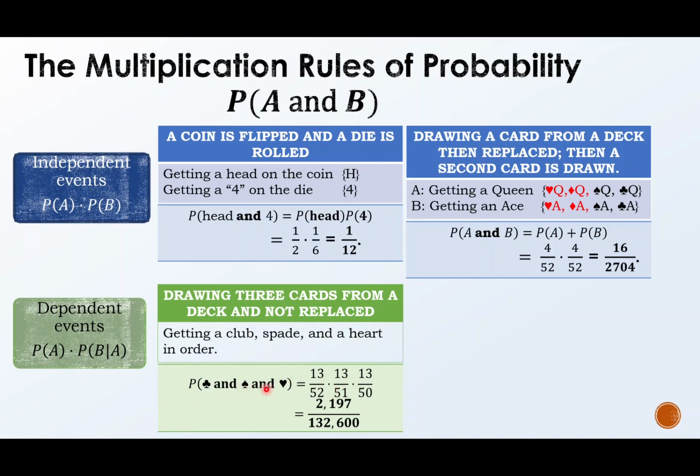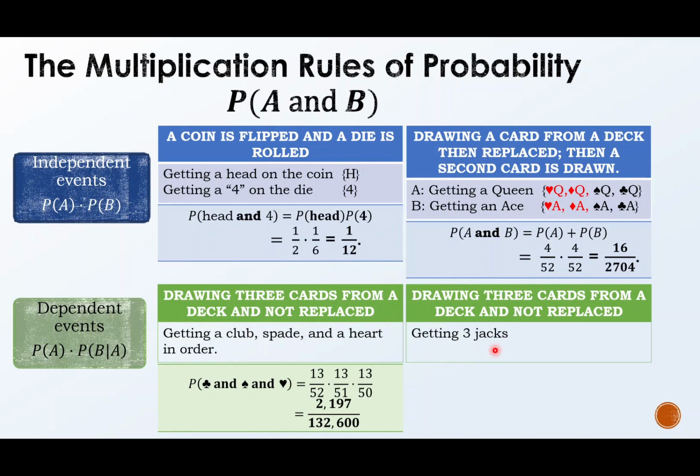Okay, puro and ang nakikita natin dyan. For the third card, since hindi natin binalik yung first and second card, we have 50 na lang ka-possible options. Okay? And out of the 50, meron tayong 13 ka heart. Alright? So, the product is 2,197 over 132,600. Of course, pwede mo tong ipaliitin pa if possible, pero kung hindi, edi that's it. So, ito ay example ng dependent events, while these two were examples ng independent events.